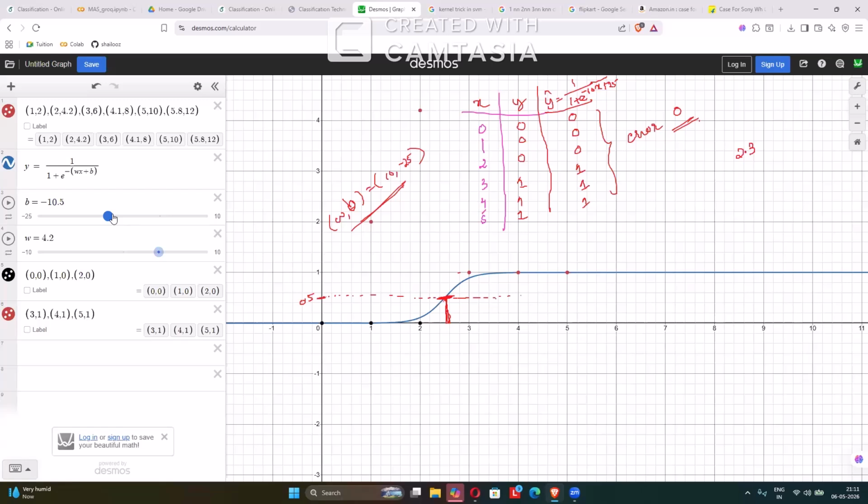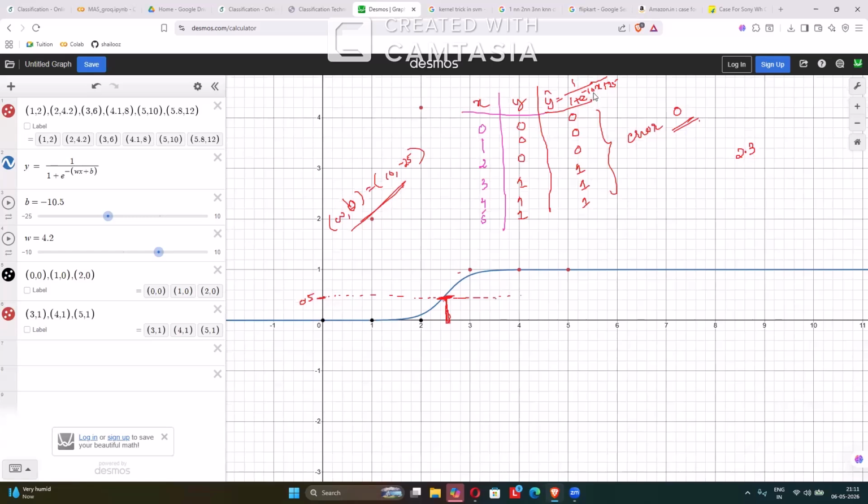So after finding such a decision boundary, if this function, y equal to 1 by 1 plus e raised to minus (wx plus b), gives a value greater than 0.5, we can say it is class 1.